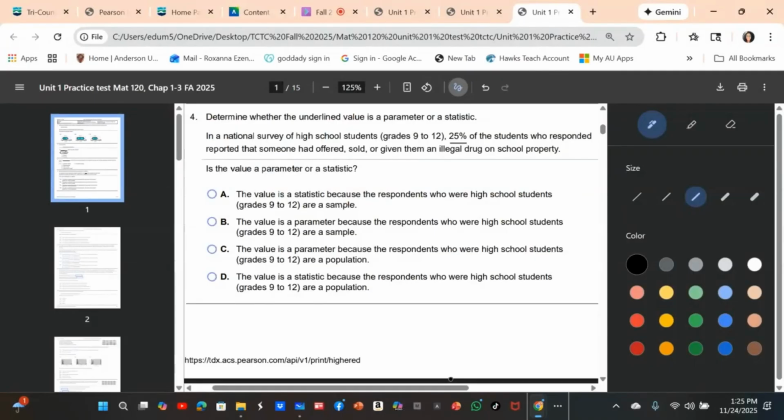Is the value a parameter? It's a parameter, because it's taken from the population.